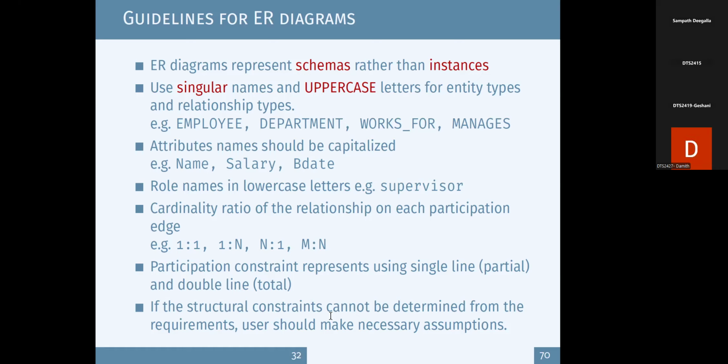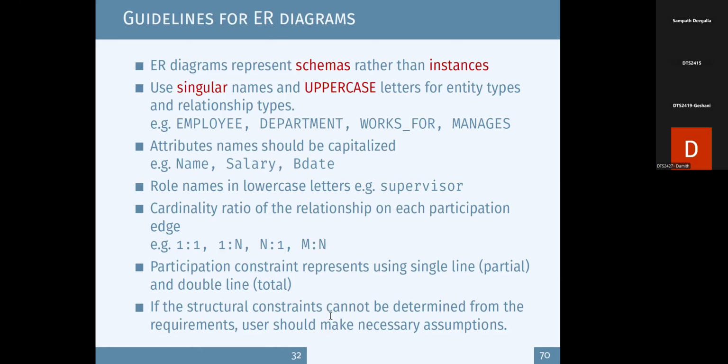So they say one thing is ER diagrams represent the schemas, meaning the structure, not particular instances. It also says to use singular names, for example, student, employee, department, and to use uppercase letters for entity types and relationships.